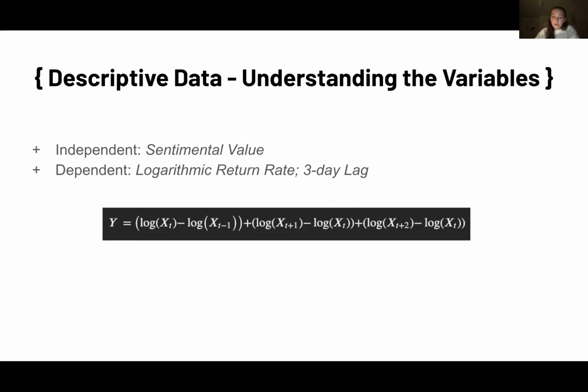And for the logarithmic return rate, I chose to leave a 3-day lag, which essentially means that I'm accounting for leeway, whether that is human error or, if a contract is announced in the media, it might take 3 or 4 days to implement. So that 3-day range seems like a good half week to consider updates into the stock market that may result from news that appears in the media.